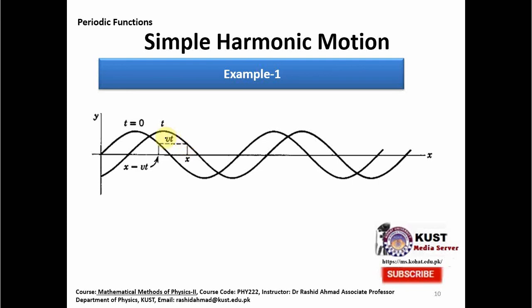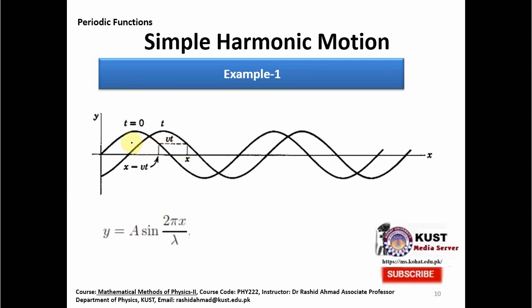So after vt, the two vertical positions are just the same. It means that they are making a periodic function, and as you stand in the wave, the wave particles regain their position after some interval of time.